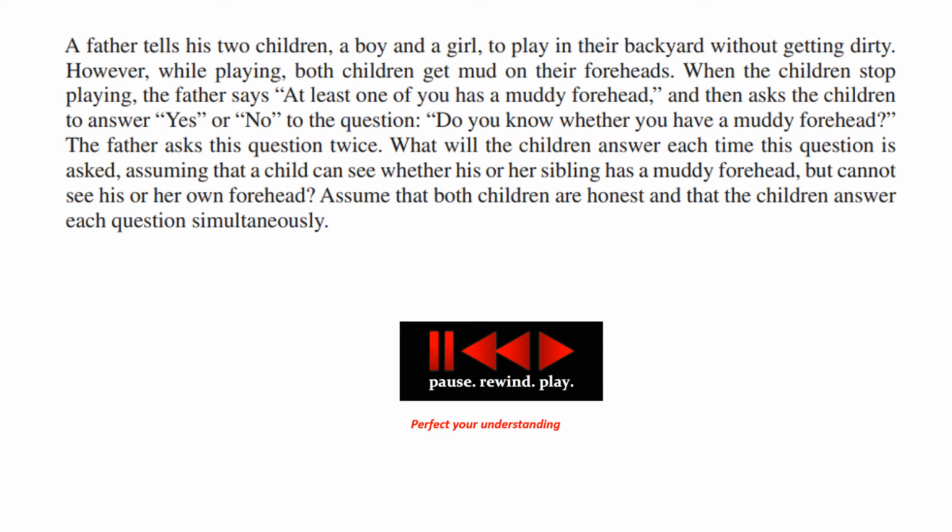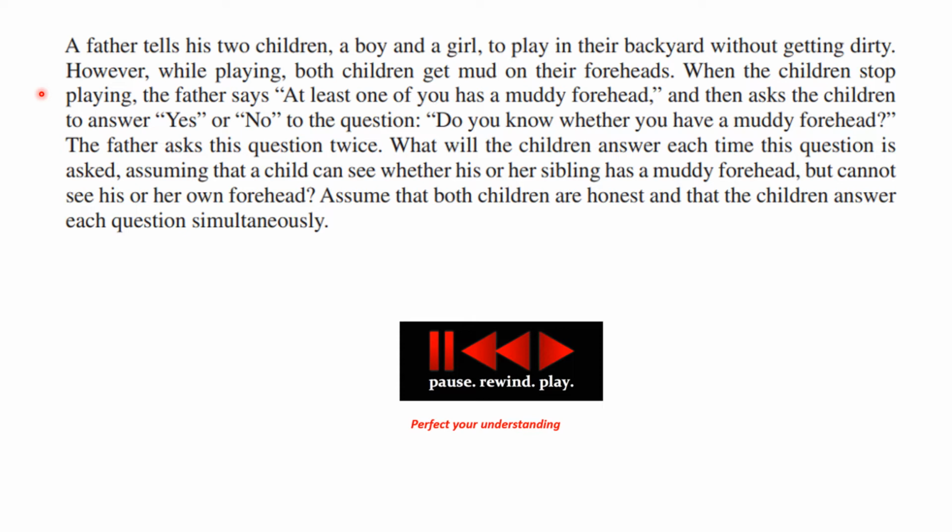Here's another logic puzzle. Father tells his two children, a boy and a girl, to play in the backyard without getting dirty. However, while playing, both children get mud on their foreheads. When the children stop playing, the father says, "At least one of you has a muddy forehead," and then asks the children to answer yes or no to the question, "Do you know whether you have a muddy forehead?"